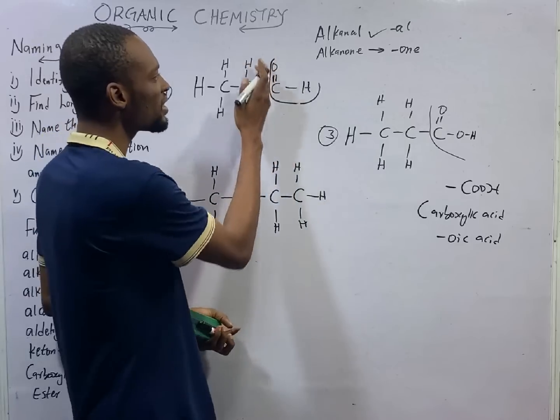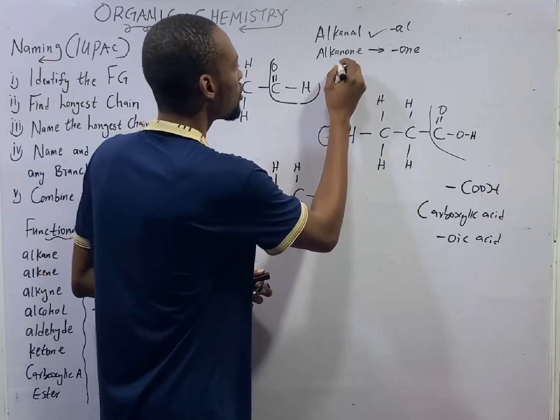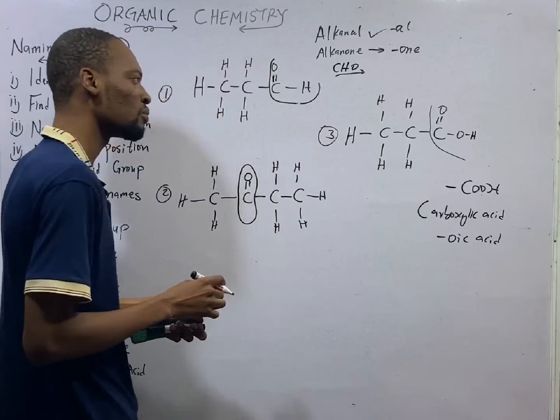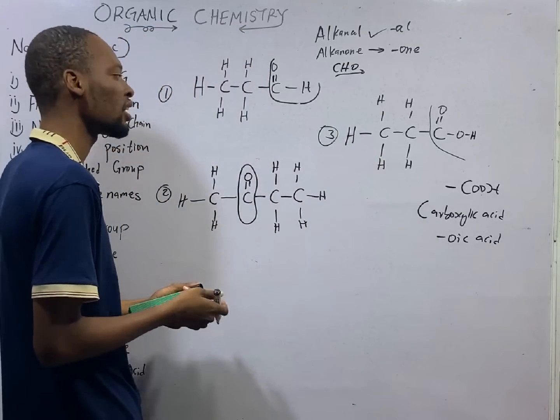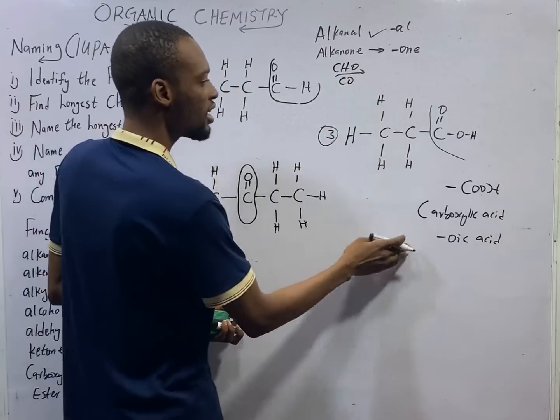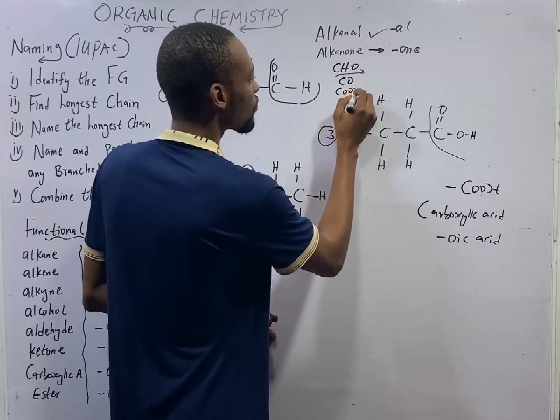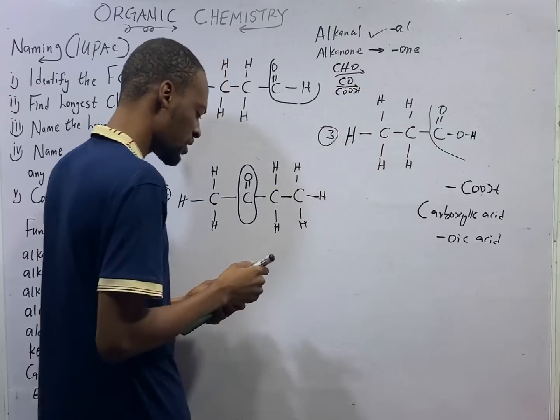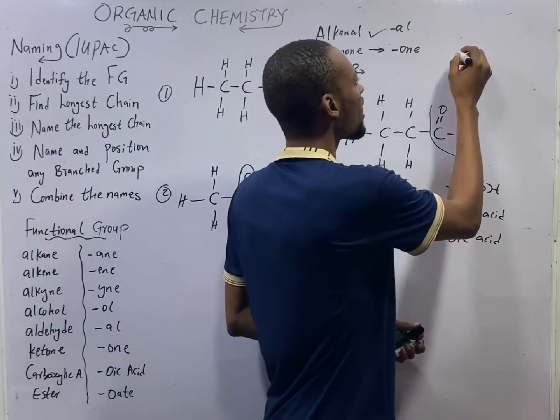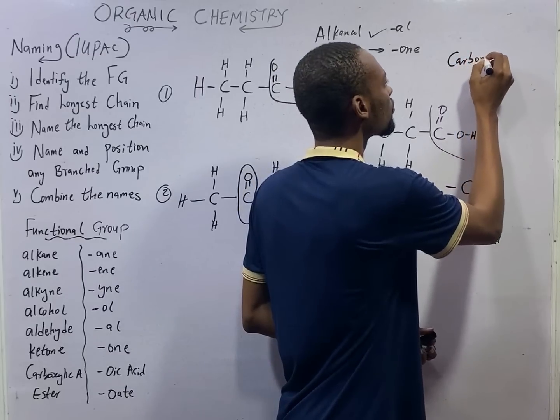And if you combine everything at this edge, that will give you CHO. So we can call CHO the functional group of alkanal. Here, CO. Here, COOH. Now look at something. There is what we call carbonyl compounds.